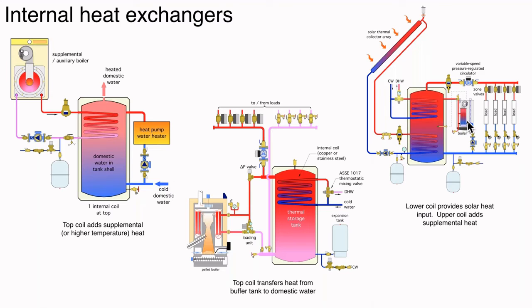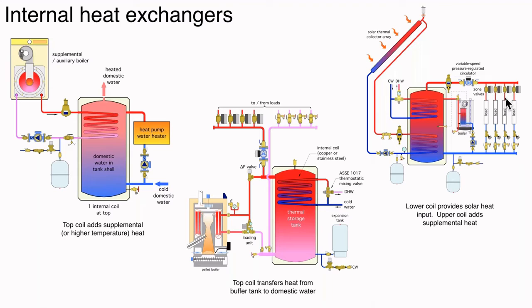And then inside the tank, we have that upper coil. That coil would be, again, either copper or stainless steel. It would have the potable water in it. Again, you'll see a thermostatic mixing valve to make sure that we aren't sending excessively high water temperatures out to the plumbing system. And then this tank also serves as a buffer for a zoned hydronic space heating system.